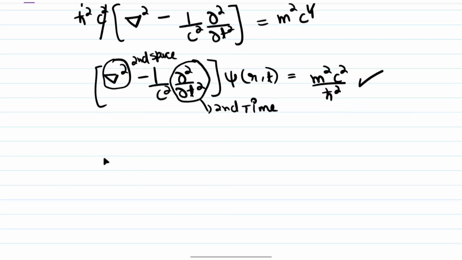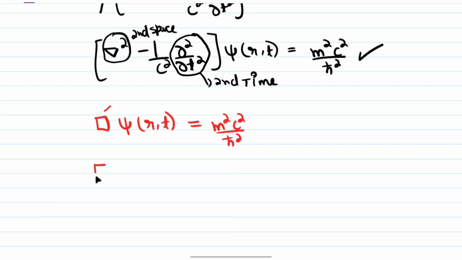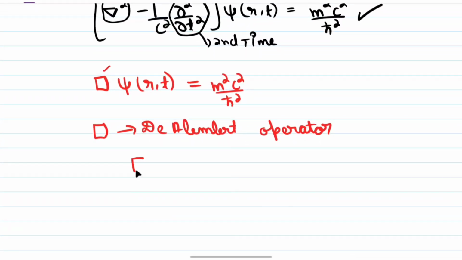If we substitute another operator, then this equation becomes m square c square by h cross square. Here the operator is known as the D'Alembert operator, and it is given by box equals del square minus 1 by c square dou square by dou t square.